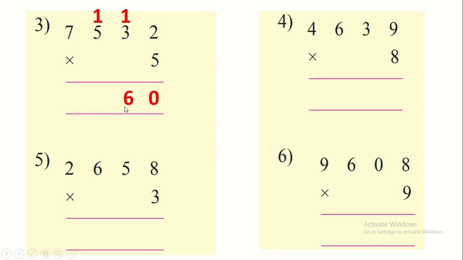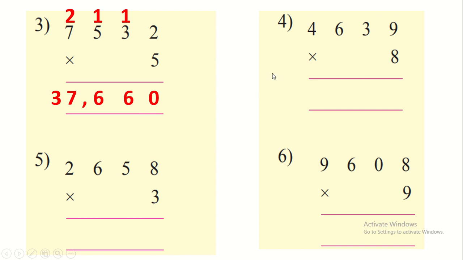Write 6 and carry 1. 5 times 5 is 25, plus 1 is 26. Write 6, carry 2. 5 times 7 is 35. 35 plus 2 is 37. Your answer is 37,660.